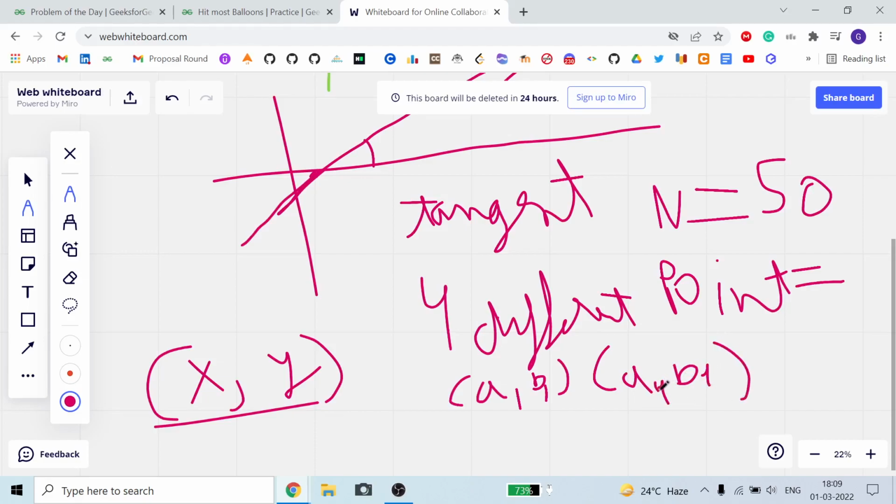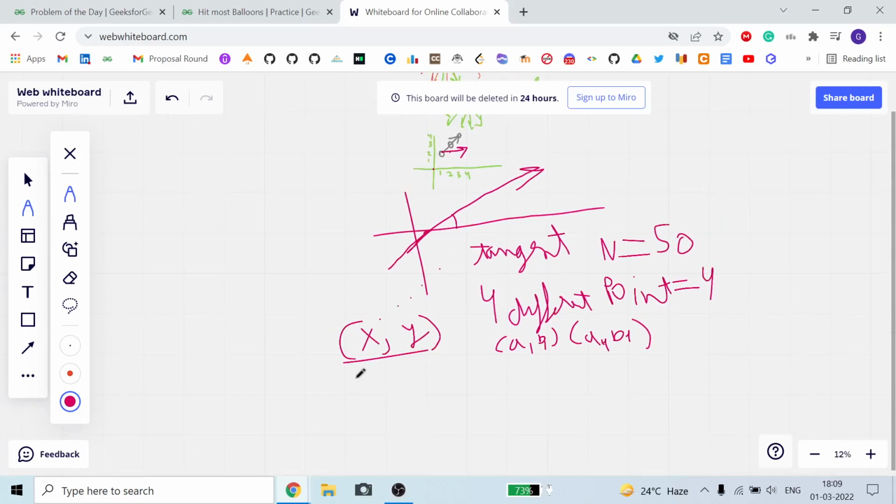If we mark this as x, this is a1 b1, this is a2 b2, a3 b3, a4 b4, in one direction I can burst them all. Suppose this is the line, then the count is equal to 4.